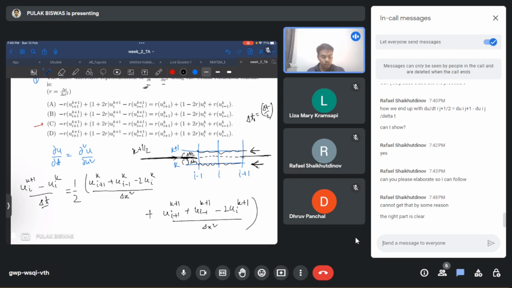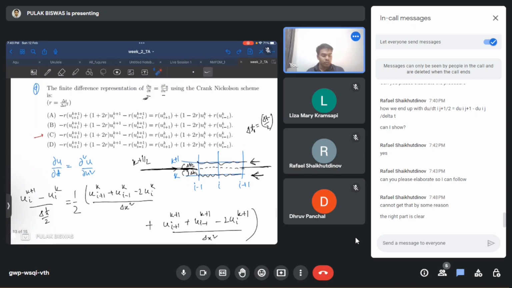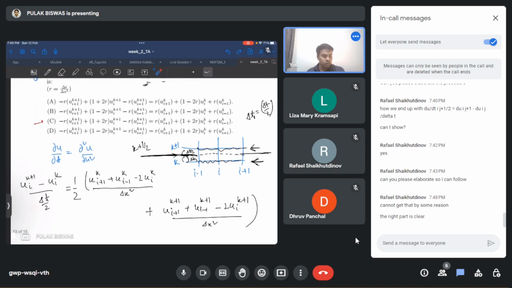The central difference formula is the future value minus past value, one step ahead and one step below, divided by 2 into your time separation. Here your time separation is delta t by 2, so 2 into this, these two get cancelled. So it is coming like that.